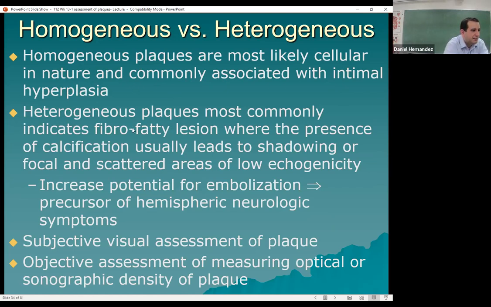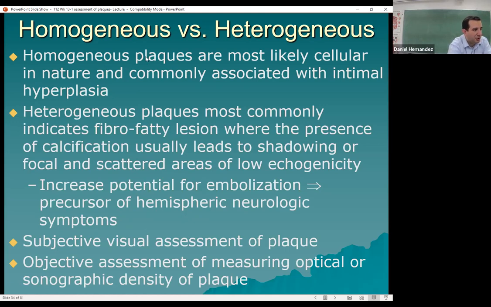Heterogeneous plaques indicate fibrofatty lesions where the presence of calcifications usually leads to shadowing or focal or scattered areas of low echogenicity. The reason this is important is because those heterogeneous plaques increase the potential for embolization. So these could be a precursor to a patient who could potentially have a hemispheric neurologic stroke.